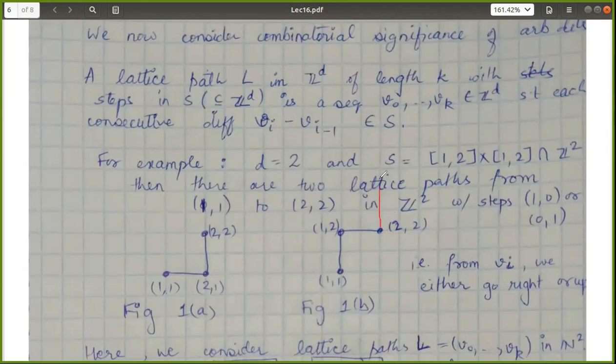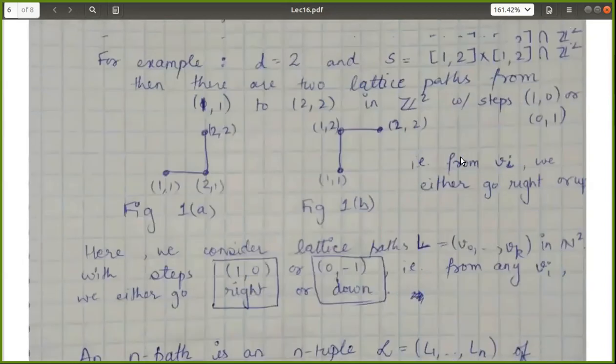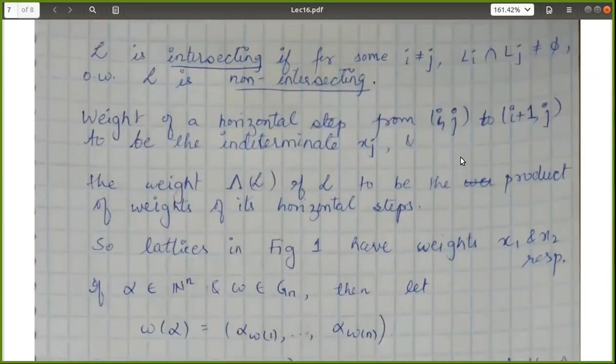And if I had, let's say something like this, what would have been the weight? x2 times x3 square times x4. That's right. So you people understand what is happening, right? Okay. Now moving further.